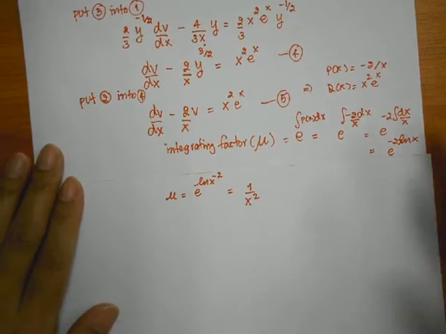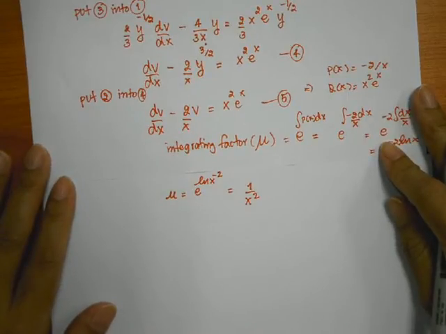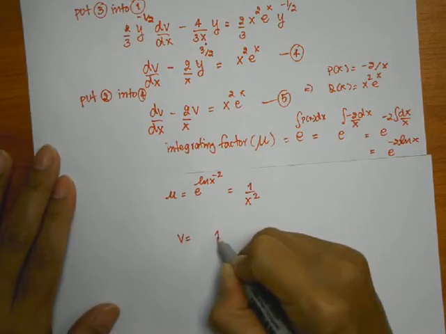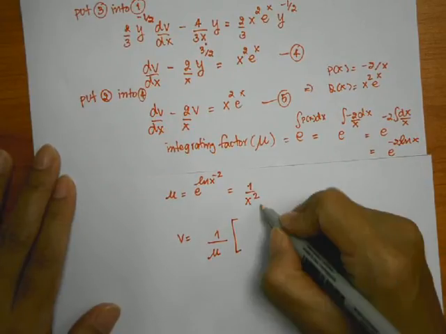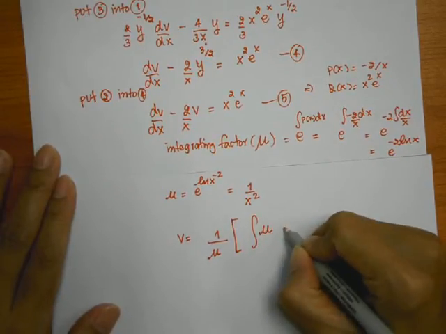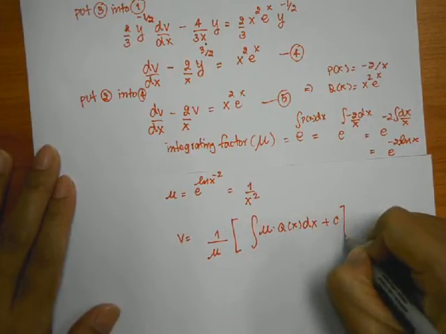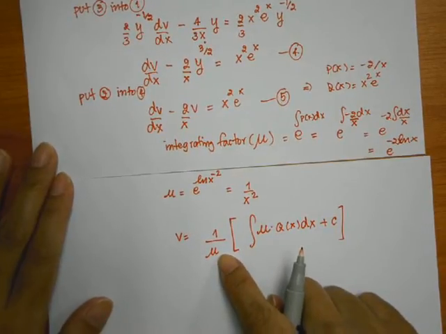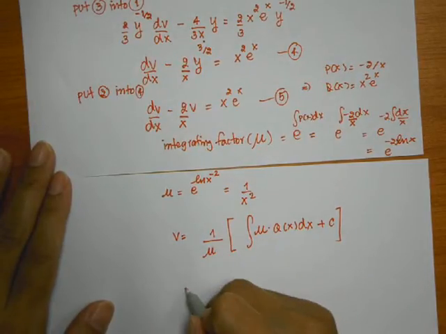Okay, so as I said, from the linear differential equation, you know that v is equal to 1 over the integrating factor times the integral of integrating factor times q(x) dx plus c. Now you know that your mu, or integrating factor, is equal to 1 over x squared. You just plug it in there and you would get x squared.